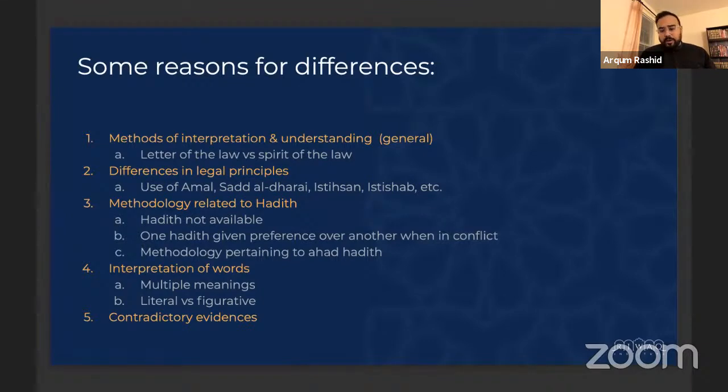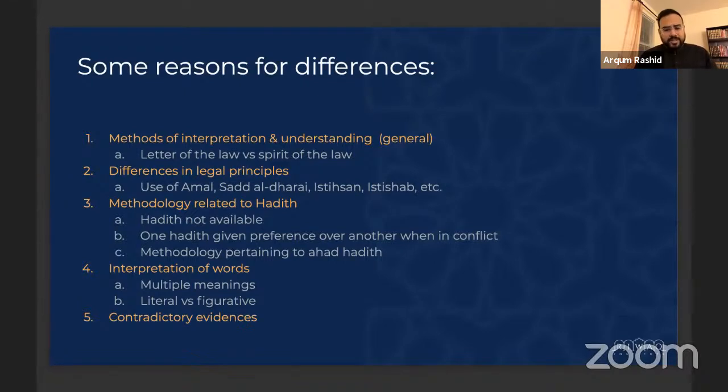Another is one hadith given preference over another when in conflict. So what do you do when there are two hadith that seem to be conflicting and you can't reconcile the two? You end up preferring one for various other supporting evidences that you use. So that could be a possibility when it comes to methodology relating to hadith. A third possibility could be methodology pertaining to ahad hadith. And this is one that we will focus on a little more.